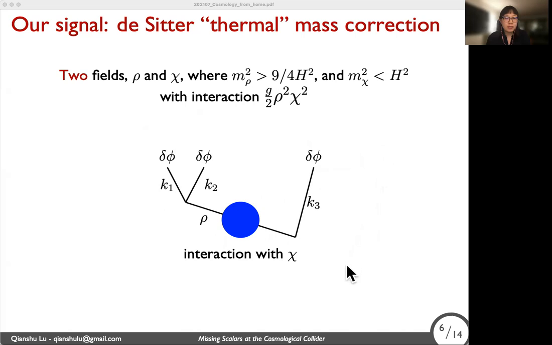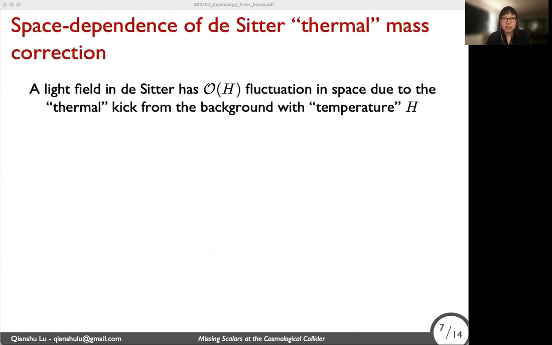Okay, so what kind of effect is a chi interaction going to give the rho 2-point function? To understand that, we need to discuss an important characteristic of light scalar in de Sitter spacetime, which is that a light field in de Sitter space is going to have an order Hubble fluctuation in its field value in space due to the thermal kick it experiences from the de Sitter background, which is essentially acting as a background with temperature Hubble.